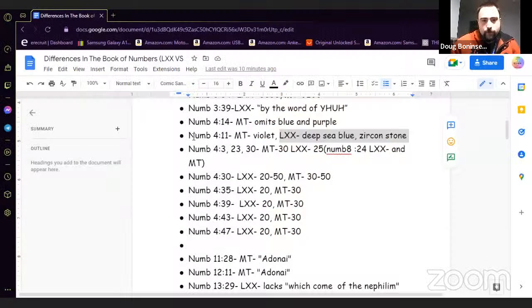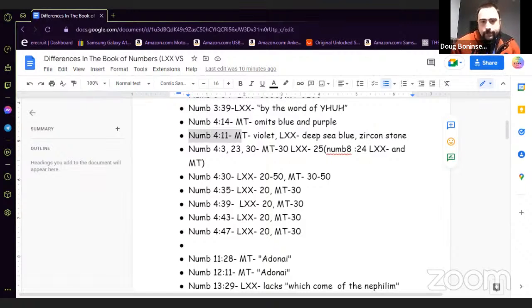Numbers 4, verse 11. Okay, so it says, and they shall put a blue cloth for a cover on the golden altar, and they shall cover it with a blue skin cover and put in its staves.